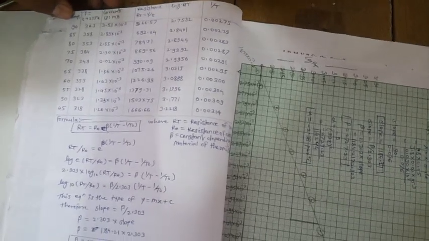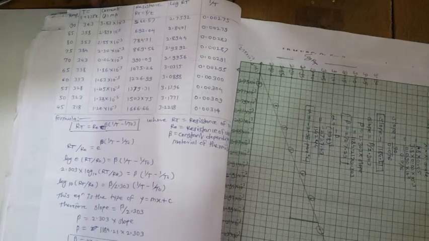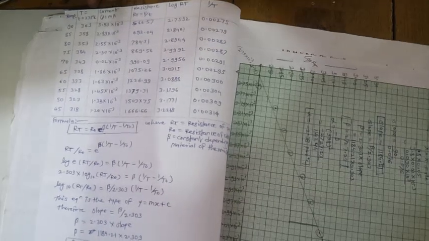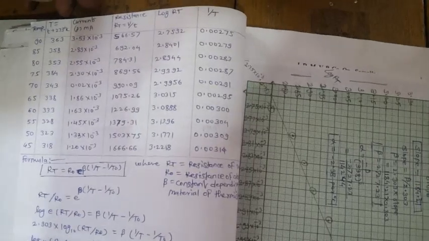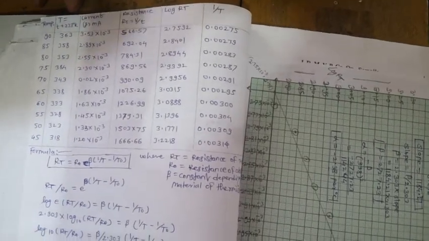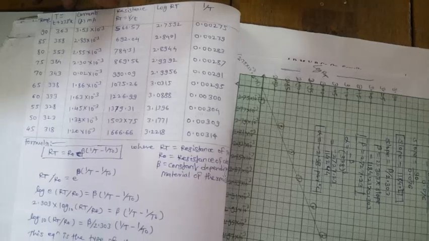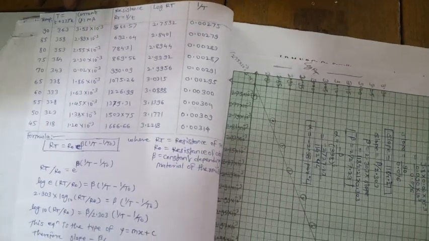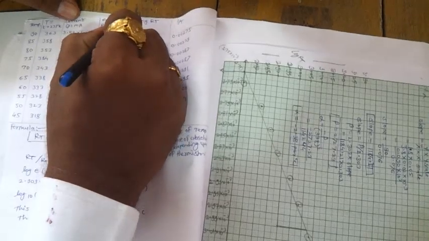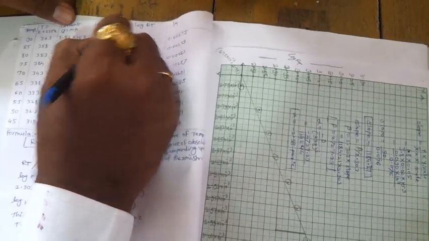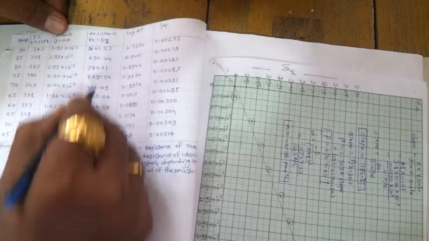From this current and the applied voltage of the circuit, 2.5 volts, we calculate the resistance RT equal to V upon I, in column number 4.